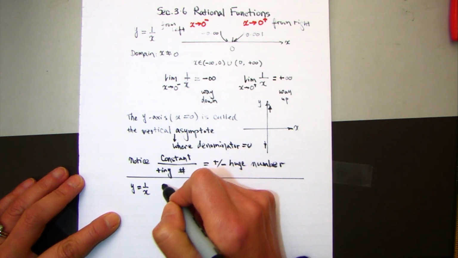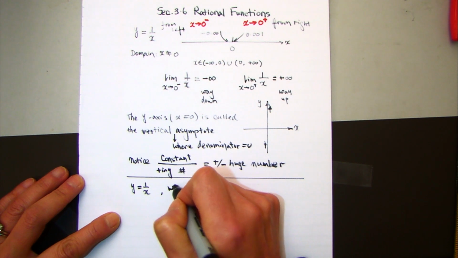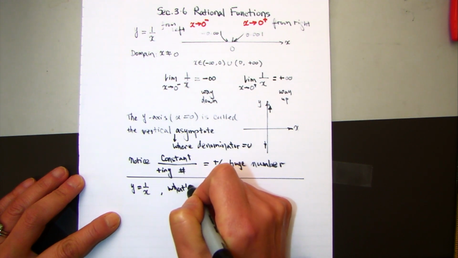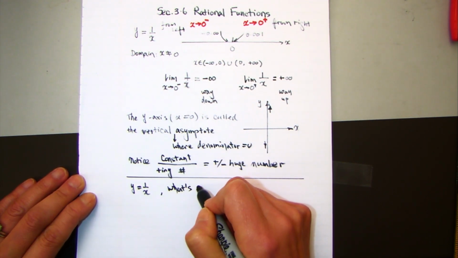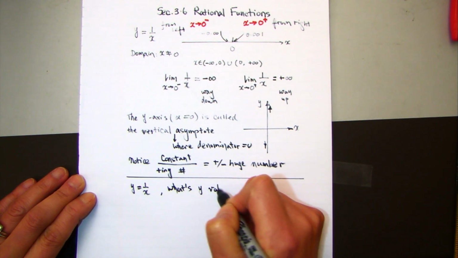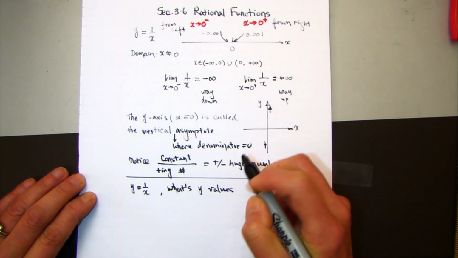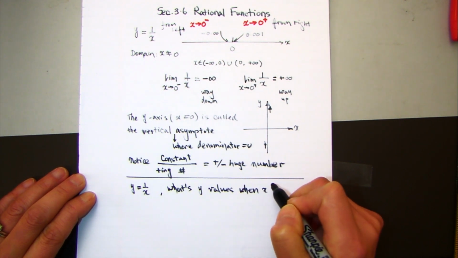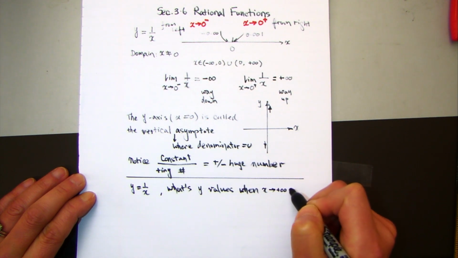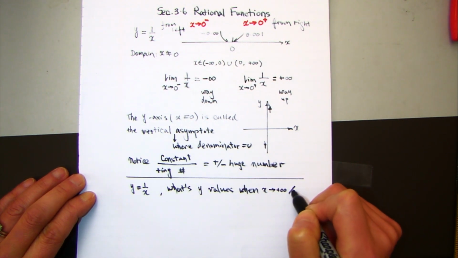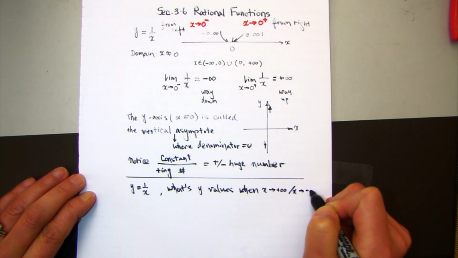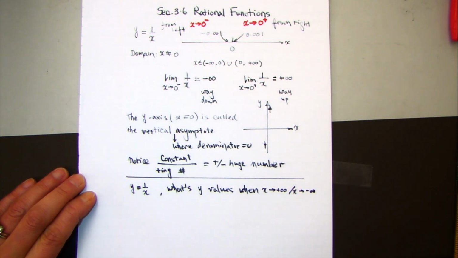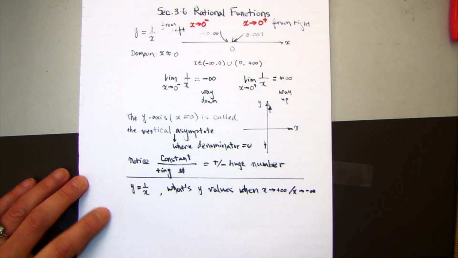Okay, and I want to find out what the y values are when x goes to positive infinity way to the right, or when x goes to negative infinity way to the left. Right. So what's the y value?